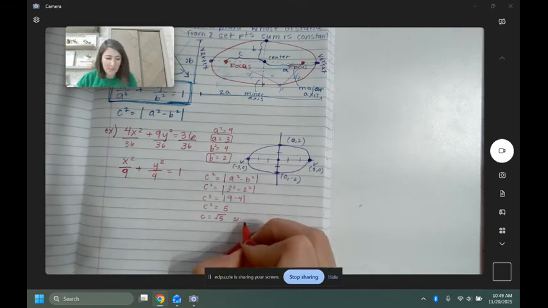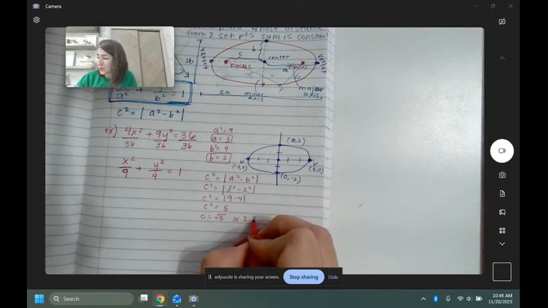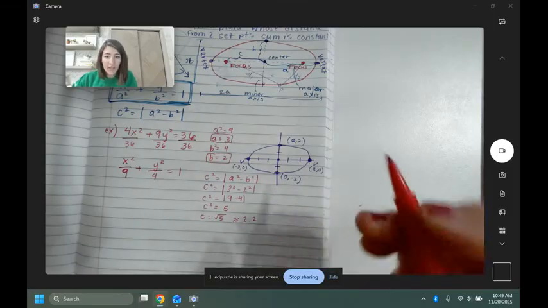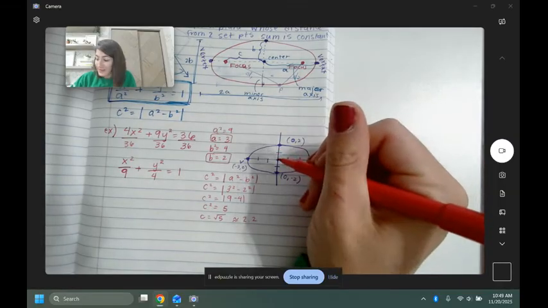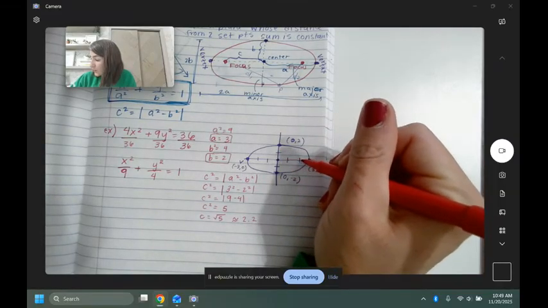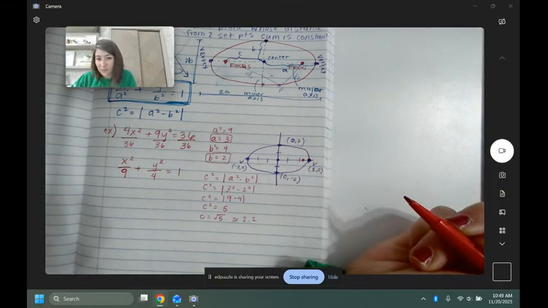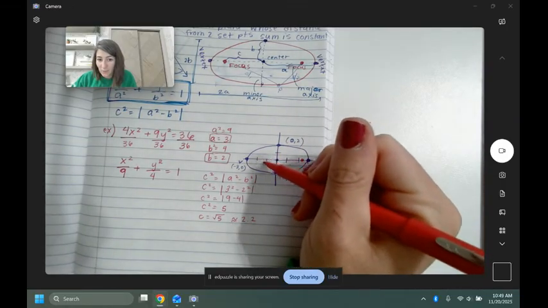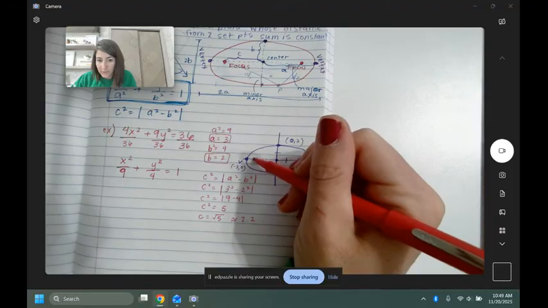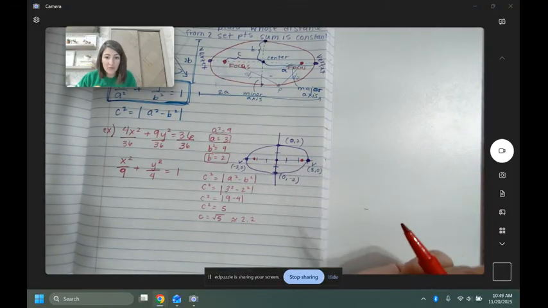For graphing purposes, that's approximately 2.2. So this focus from the center is going to be 2 and a little bit away. That's your focus, and this focus over here is going to be at negative 2.2, right about there. Your two foci are there.